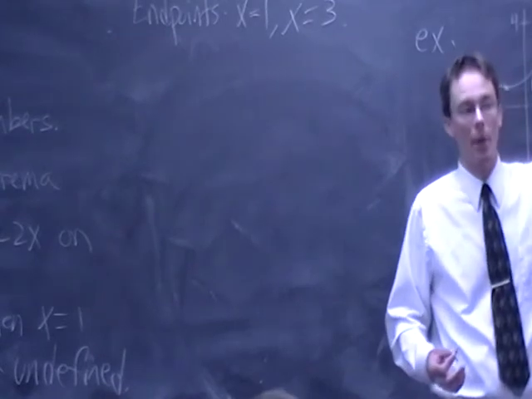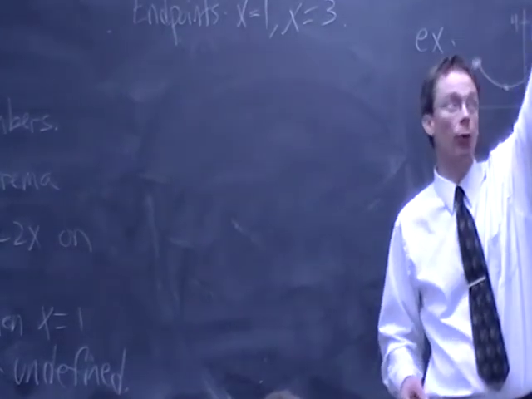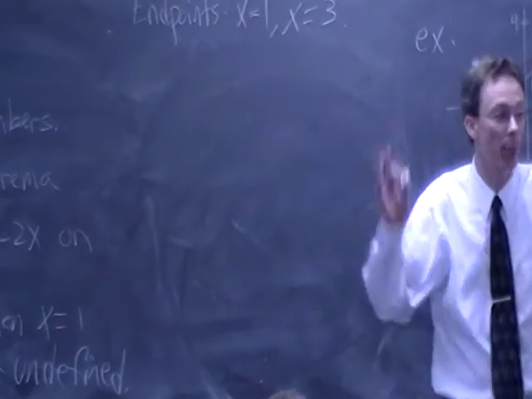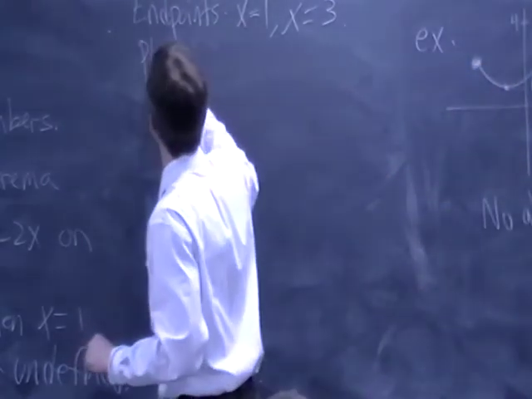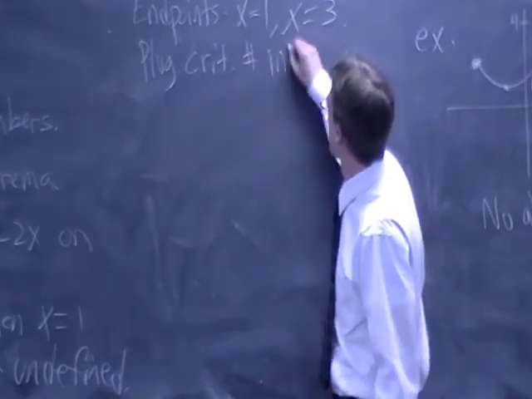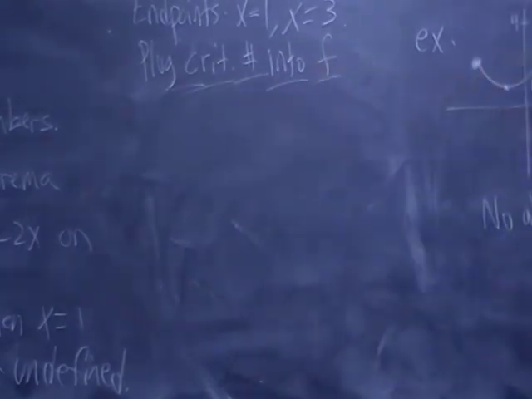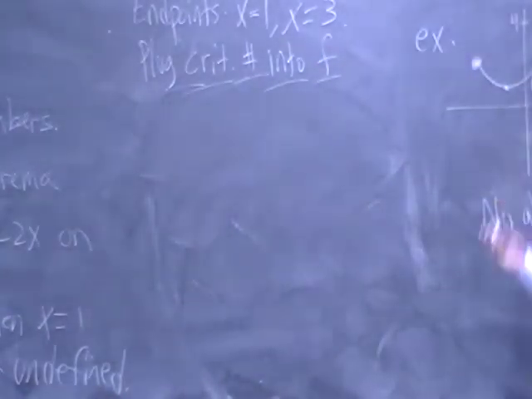So you want to plug them into f. That will give you y values. Y values tell if you're way up high or way down low. So plug the critical numbers back into the original function and see what your highest y value is, what your lowest y value is, and maybe anything in between.